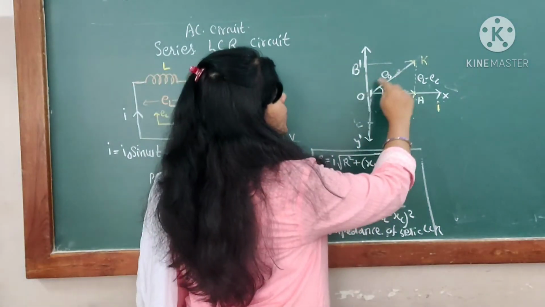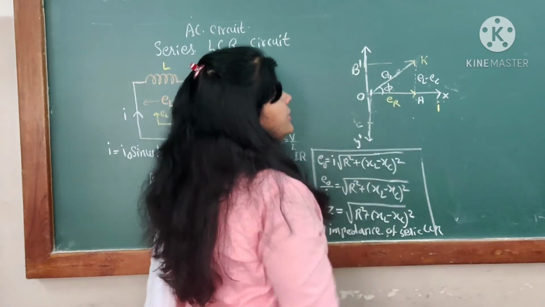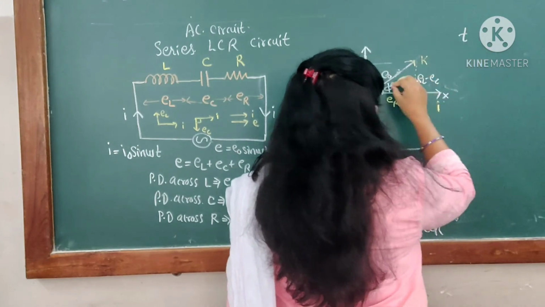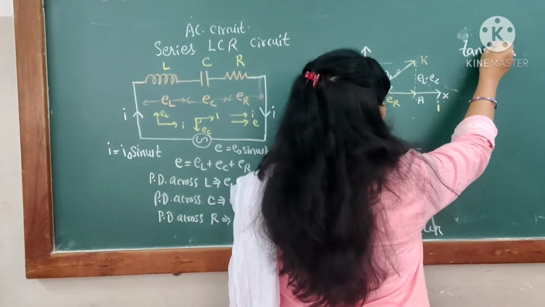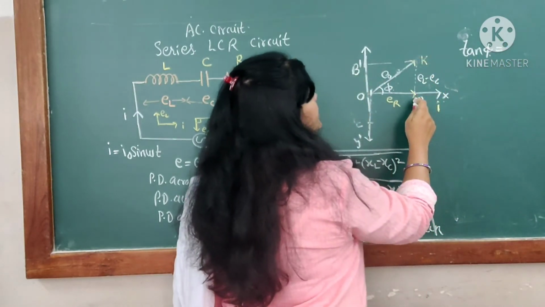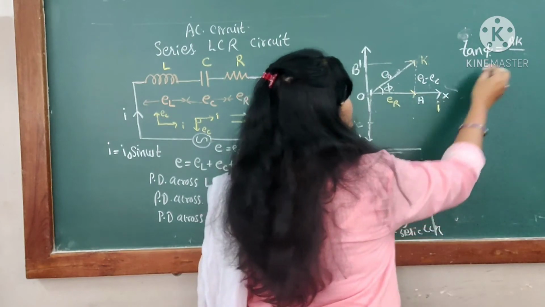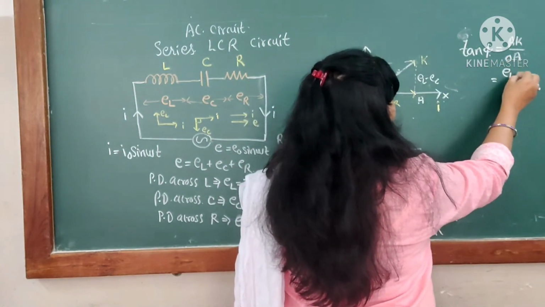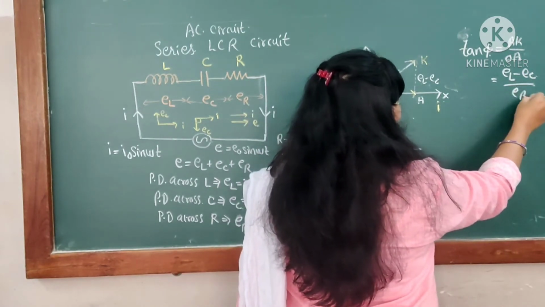In triangle OAK, we use the trigonometric formula tan theta. Here the angle is phi, so tan phi is equal to the opposite side AK upon OA. AK is EL minus EC, and OA is ER.